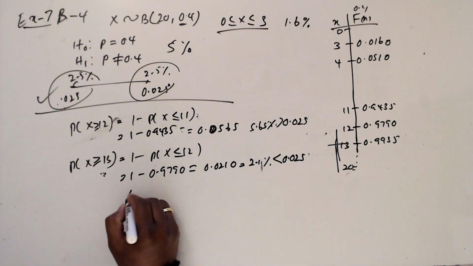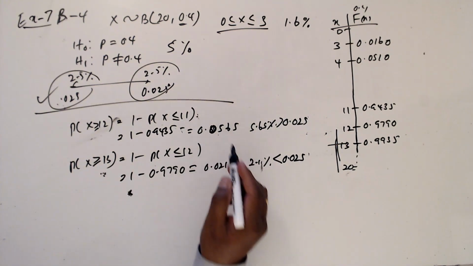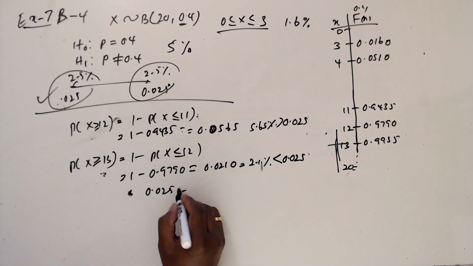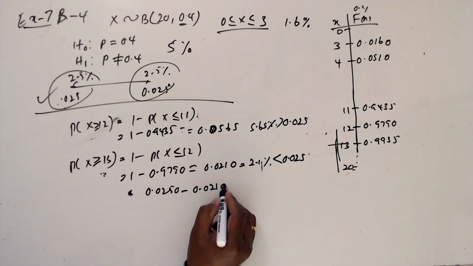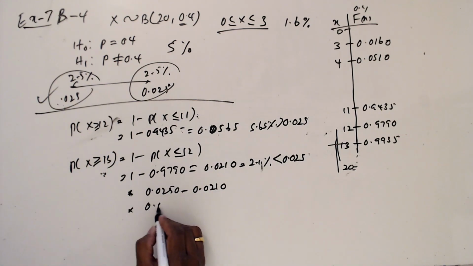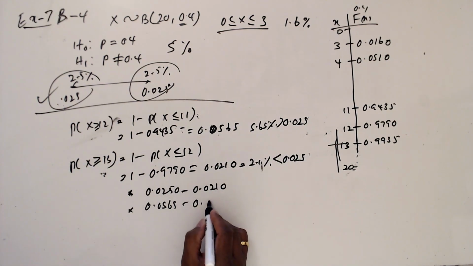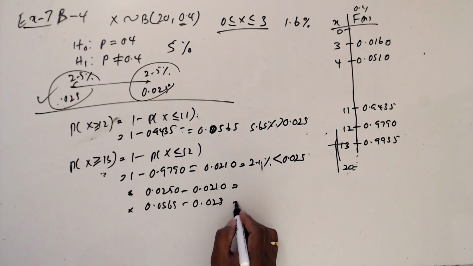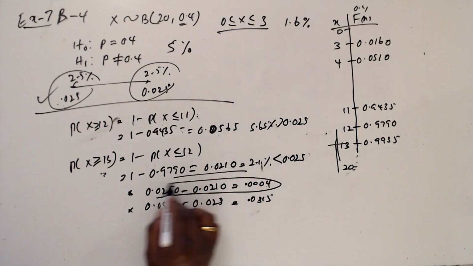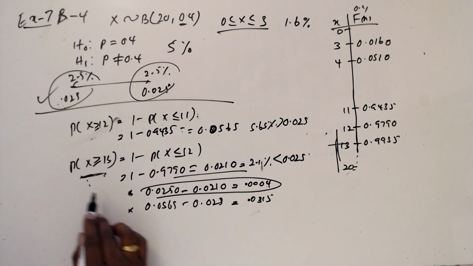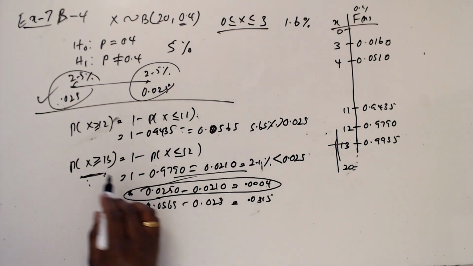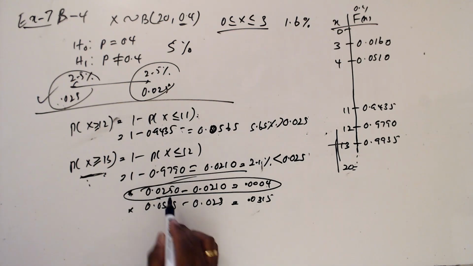Then the second task, we want to compare the distance from 0.025: 0.025 minus 0.0210, and the other one, 0.0565 minus 0.025. When we subtract, this one is closer to 0.025.